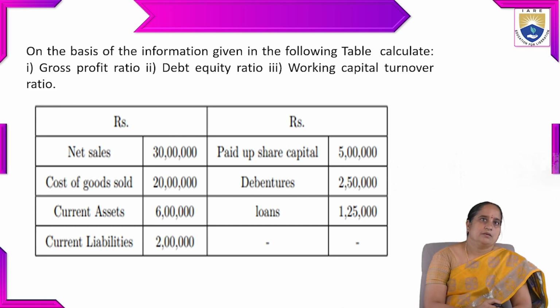The next, another example. On the basis of information given in the following table, calculate gross profit ratio, debt equity ratio, and working capital turnover ratio. So we have been given net sales, cost of goods sold, current assets, current liabilities, paid up share capital, debentures and loans.